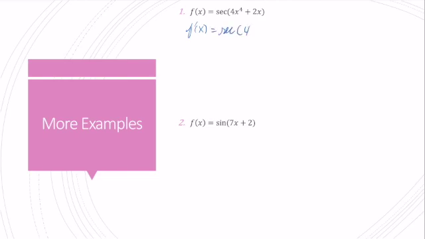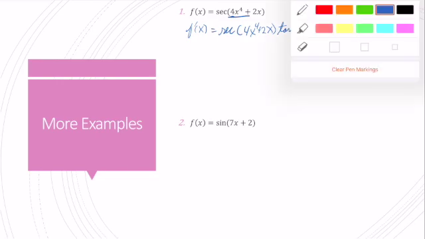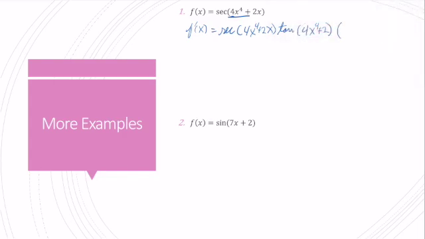So we're going to have to make sure to evaluate secant at our function and tan at our function. We then want to multiply that by the derivative of our inside function, which is going to be, we're multiplying here, 4 times 4 is 16, x cubed plus 2.